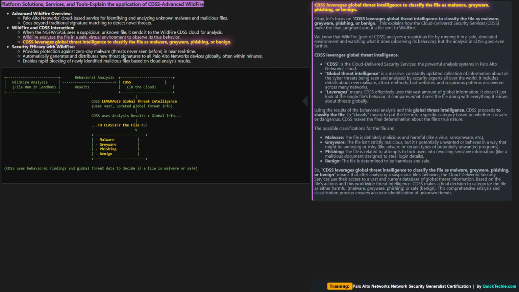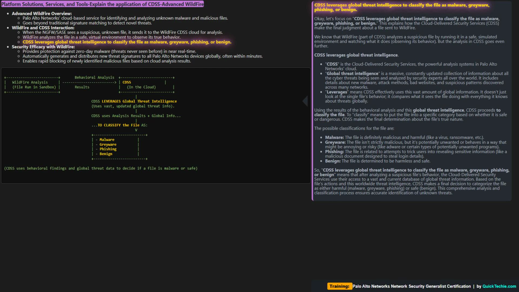The file isn't strictly malicious, but it's potentially unwanted or behaves in a way that might be annoying or risky, like adware or certain types of potentially unwanted programs. Phishing. The file is related to attempts to trick users into revealing sensitive information, like a malicious document designed to steal login details. Benign. The file is determined to be harmless and safe.